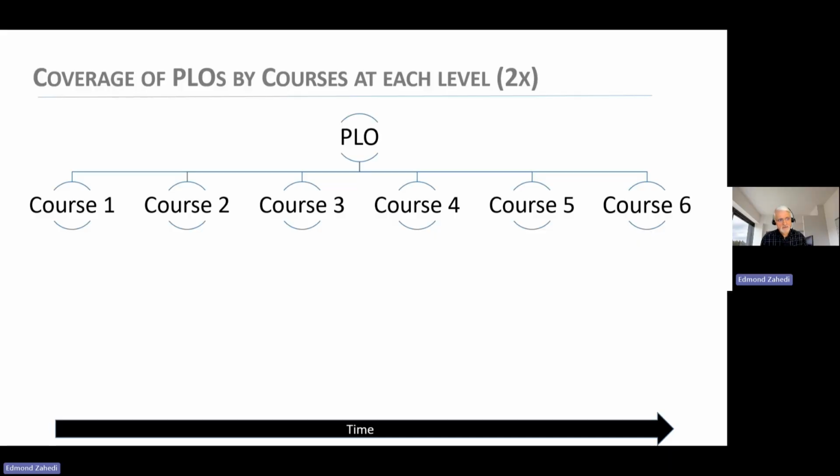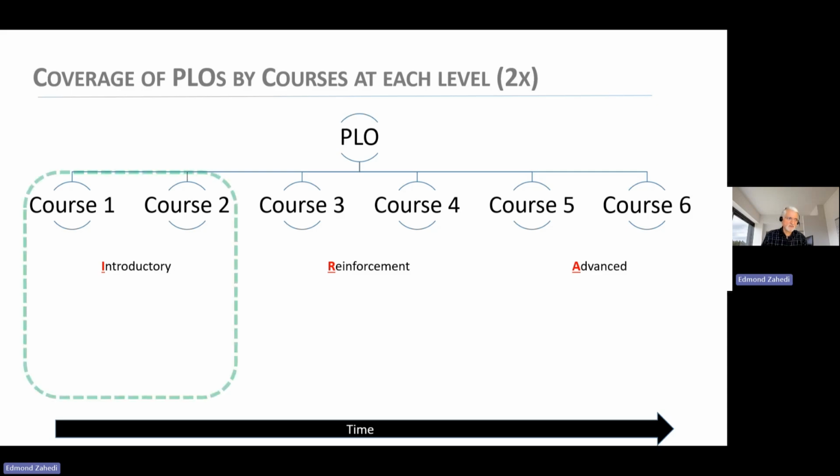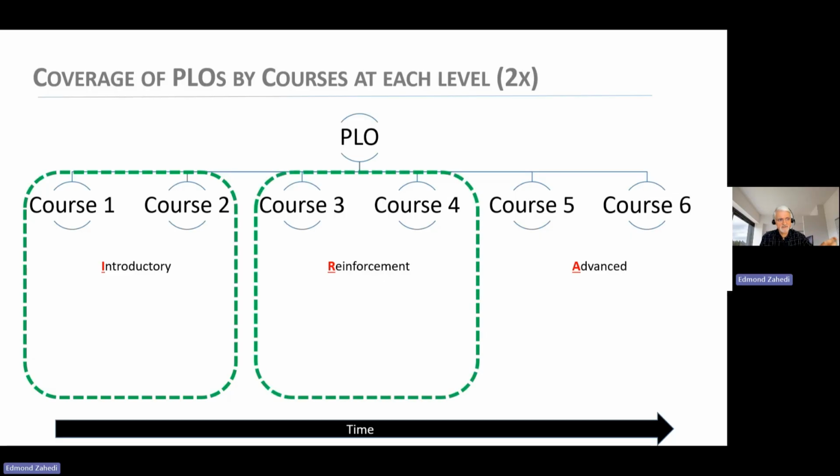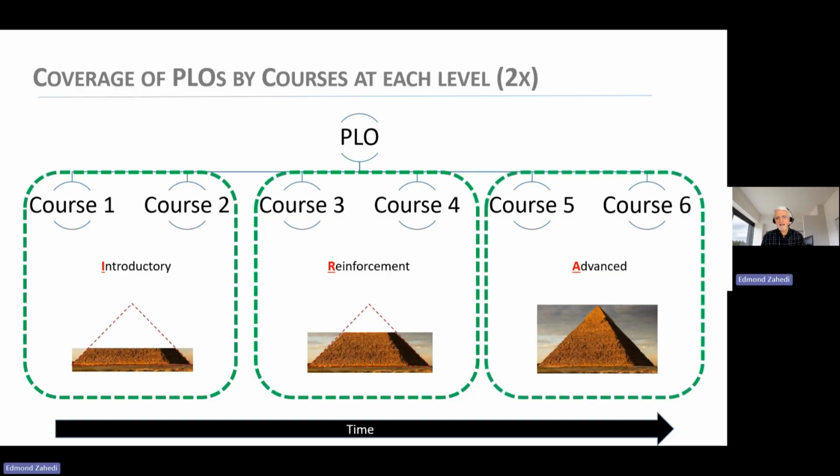So now, as a general rule, we don't teach only once. So we tend to have more coverage than once for each of the PLOs in the program. So what happens is that we are going to have, let's say, 2 courses, and usually we tend to target at least 2 courses that are going to cover the PLO in question at the introductory level, at least 2 courses that are going to cover the PLO in question at the reinforcement level, and at least 2 courses that are going to cover it at the advanced level.